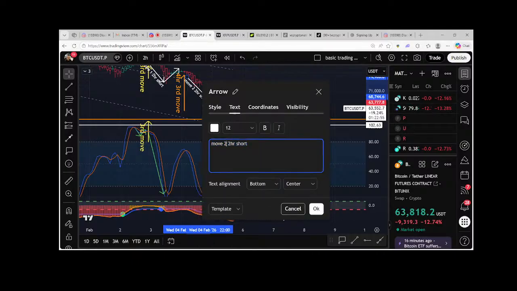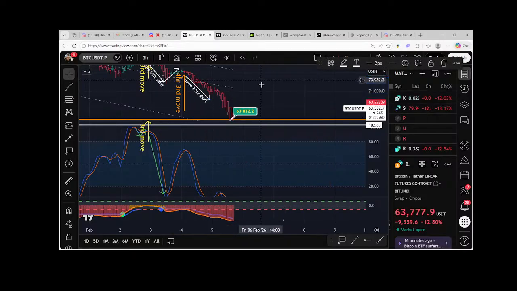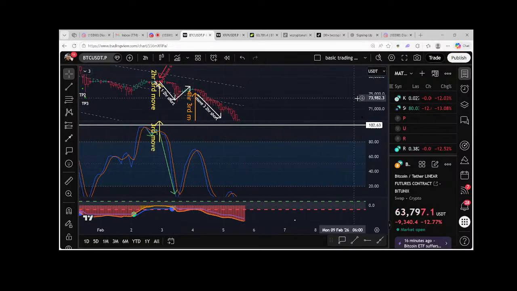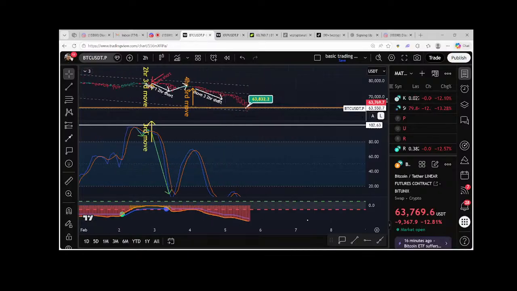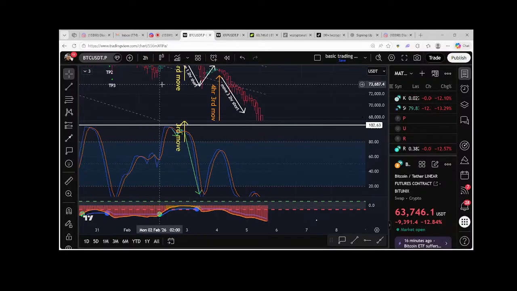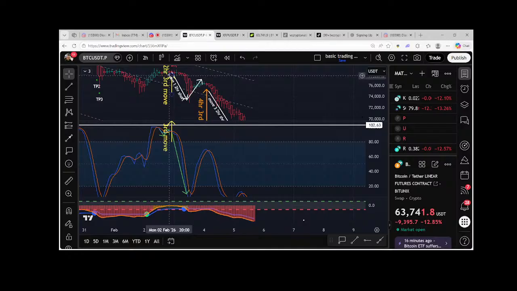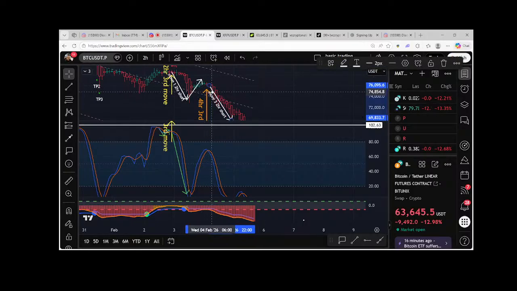Okay, and what I want to show you here is earlier I put this orange line here, and I wrote on it, I said the 4-hour third move, right? I didn't even look at the chart yet. I just know that after the 2-hour strategy, listen to what I'm saying. After our 2-hour strategy move makes its first move down, I know that it's going to bounce, and after it bounces, it's going to have its third move down.